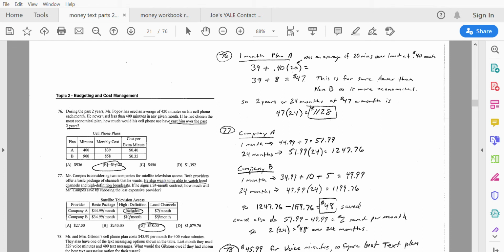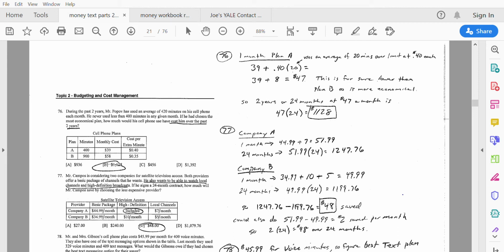Locals are $7 a month. So for 1 month, $44.99 plus the 7, $51.99 for 1 month. Then if we look at that for 2 years, again 2 years is 24 months, so we take the $51.99 times 24. This is the 2-year cost, $1,247.76.